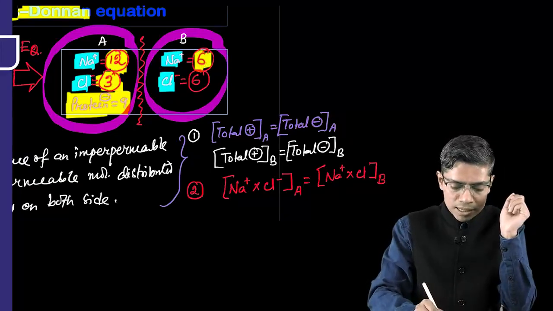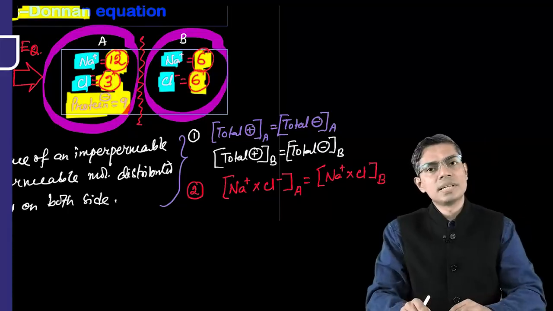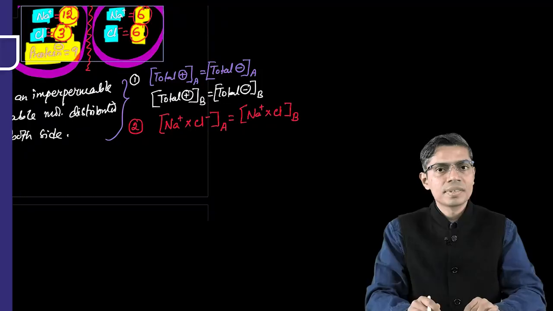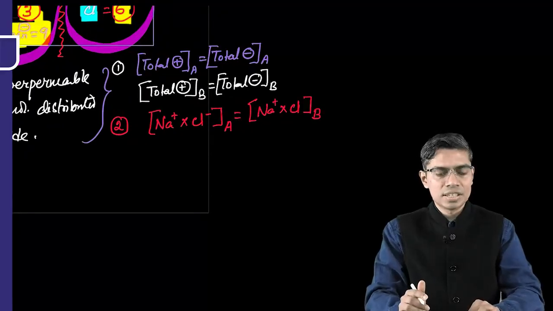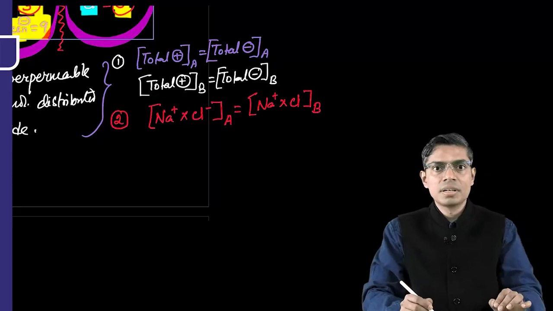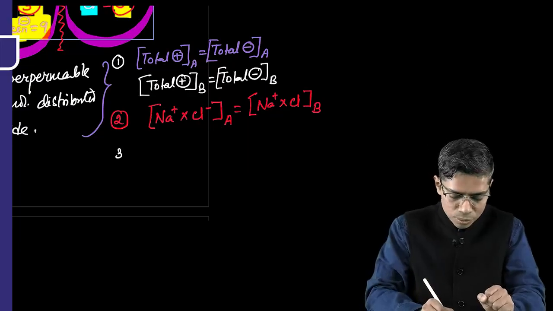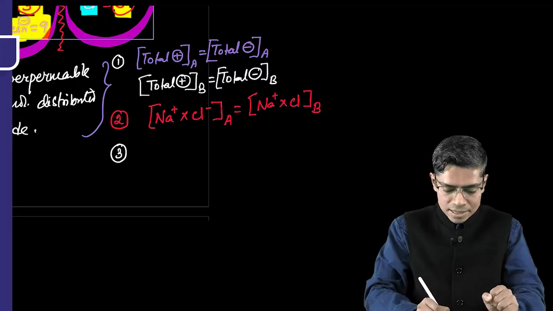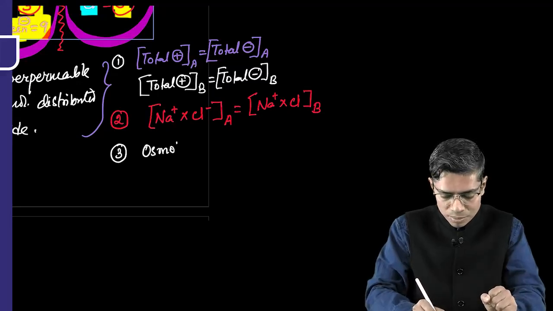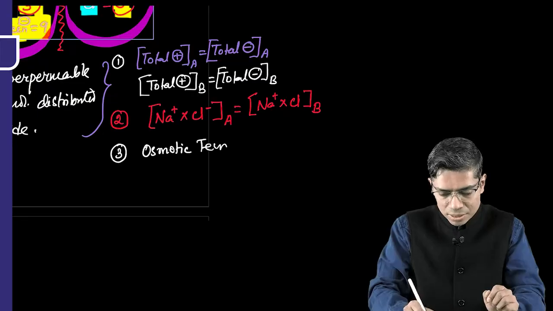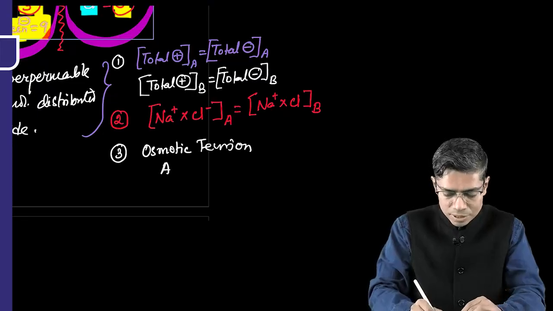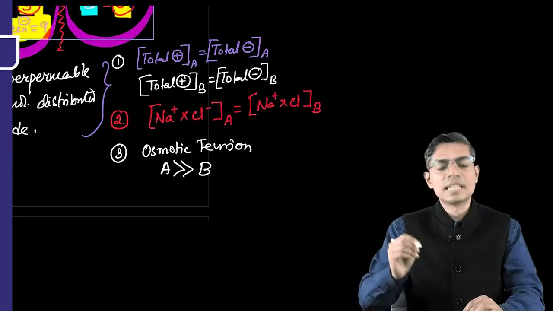But the total number of ions on side B is very, very less. And we have already discussed that osmotic tension or osmotic pressure depends on the number of active molecules. So obviously, due to the huge number of ions on side A, the osmotic tension of side A will be very, very greater than side B.